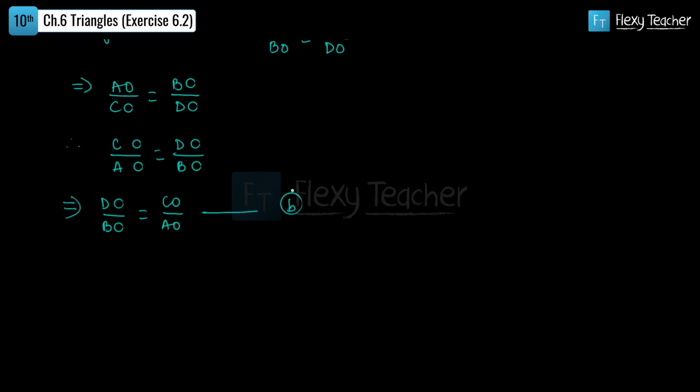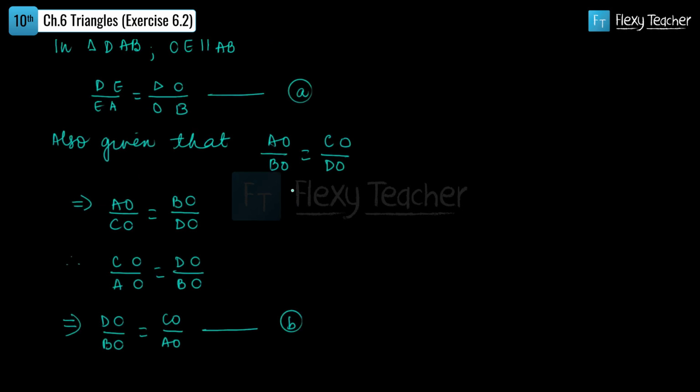Okay. So from A and B. A is DE upon EA is equal to DO upon OB and B is DO upon BO is equal to CO upon AO. So we can say that DE upon EA is equal to CO upon AO.